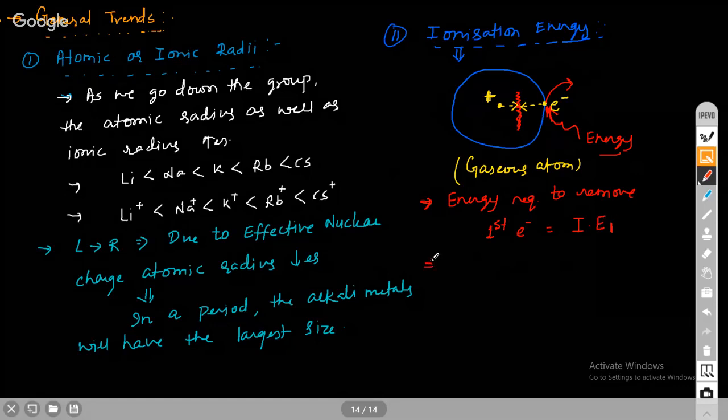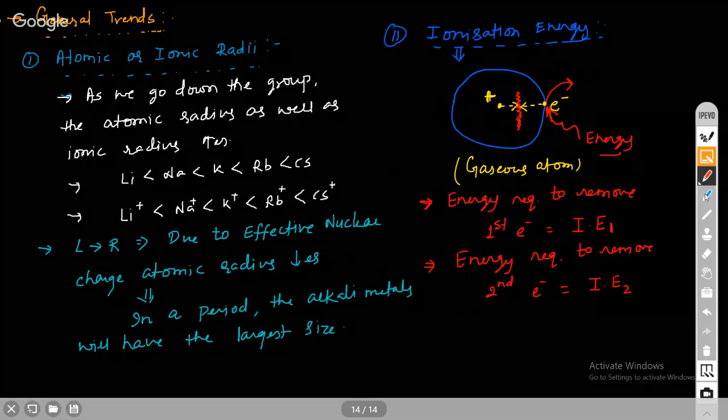And the energy required to remove the second electron, we call it IE2.